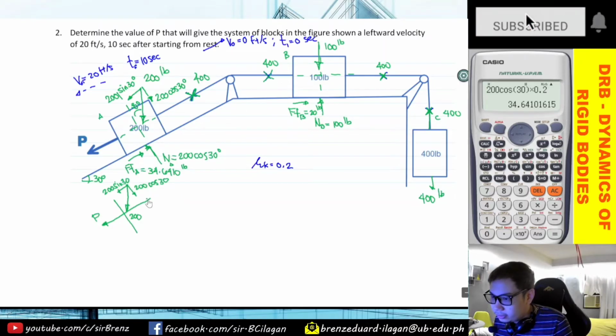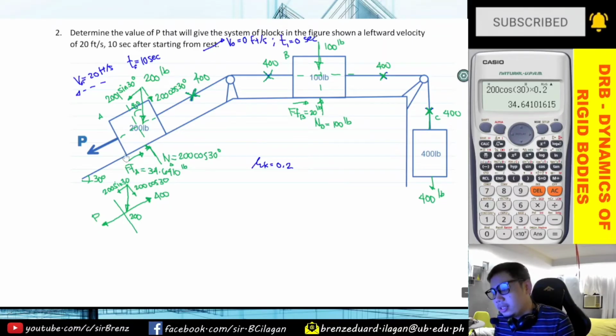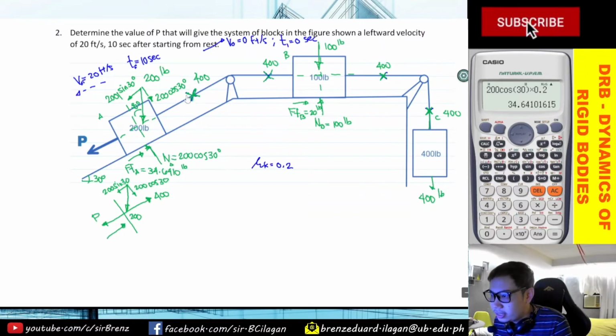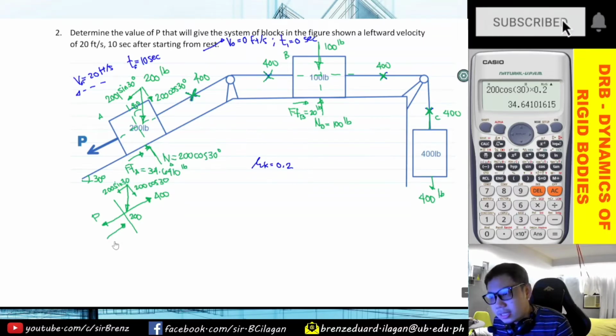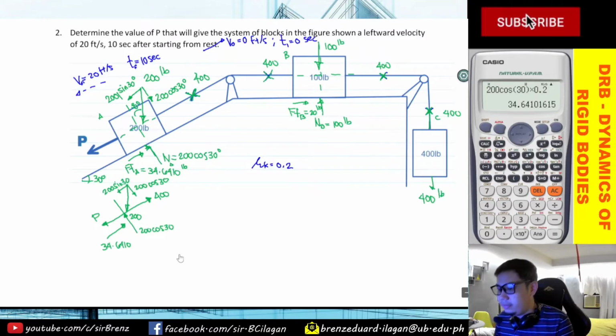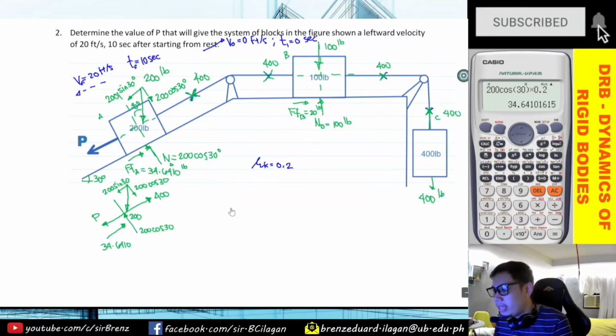And then you have here the 400 tension. You have also the frictional force, which is going in this direction, same direction as the tension na 400. So that is 34.6410. And you have here the normal force na 200 cosine 30.